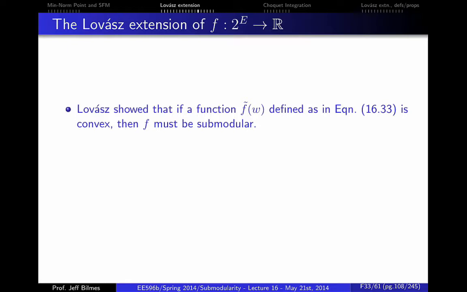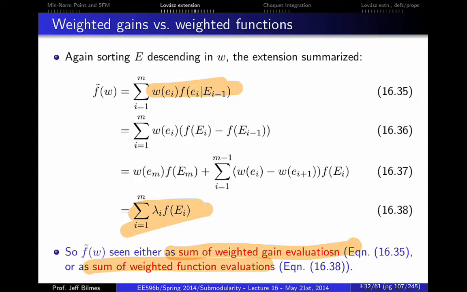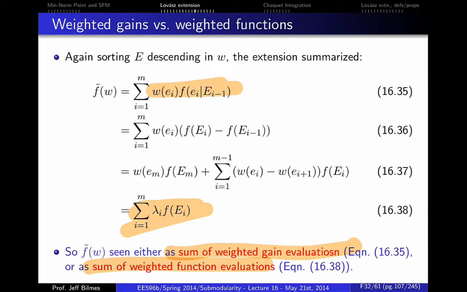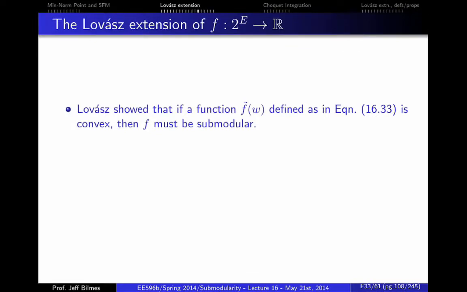So what Lovász showed, I always like to claim that Jack Edmonds showed most of this stuff in the 1960s. But what Lovász showed in 1983 was that if a function f tilde of w, defined in equation 6.33, in this way, where the lambdas are defined based on decreasing order and all this kind of stuff, is convex, then the corresponding f must be submodular.